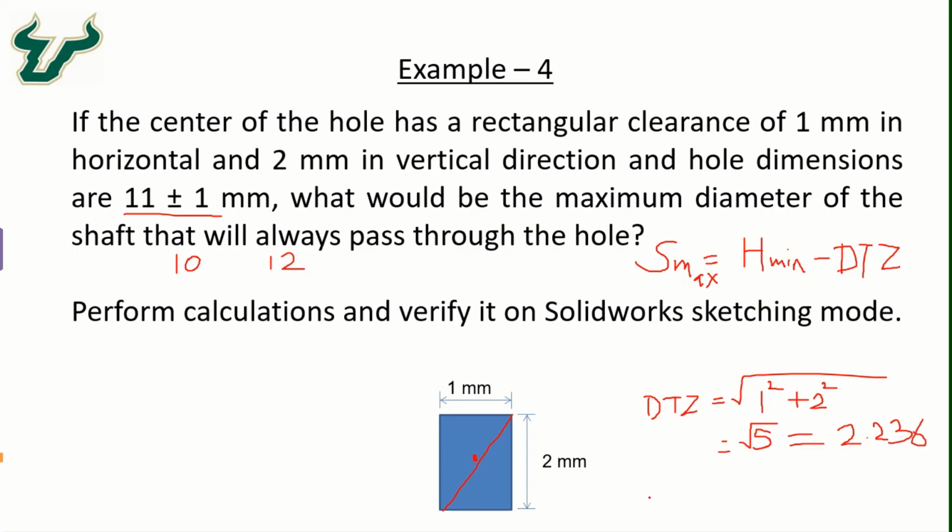If we calculate the S max based on these numbers, we get hole minimum, which is 10 millimeters, minus 2.236, and that is equal to 7.763. So 7.763 millimeters will be the maximum possible diameter of the shaft that will always pass through the center of the hole. And let's verify that with SolidWorks.